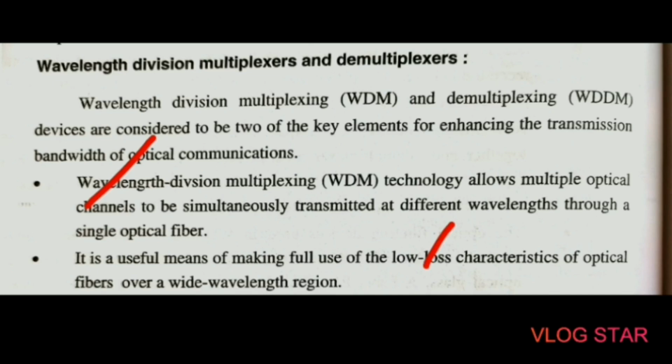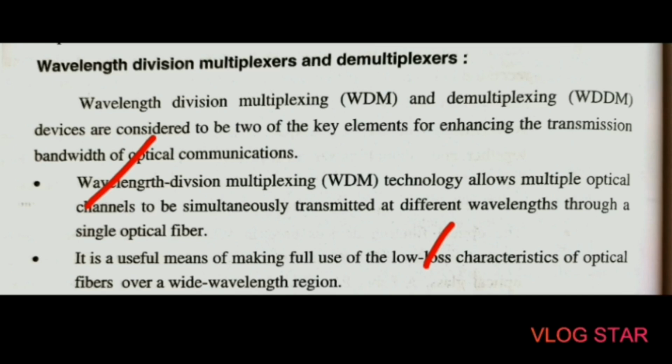So WDM promises to construct different levels of transparency to optical transmissions that is independent of data bit rate, modulation format or protocol. The WDM technology is widely used in data, voice, and video communications.